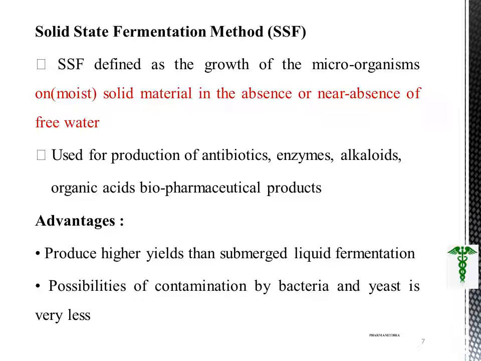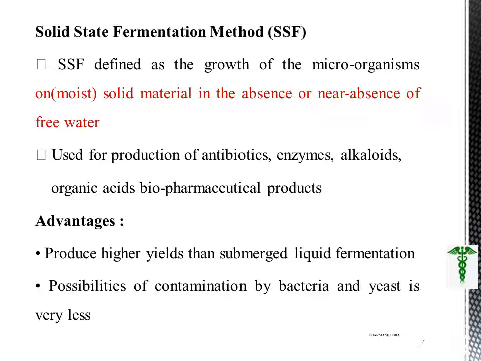Next, we can discuss the SSF or solid state fermentation method. This is defined as growing the microorganism on a solid material that is moist, in the absence or near absence of free water. SSF is used for the production of antibiotics, enzymes, alkaloids, organic acids, and biopharmaceutical products.